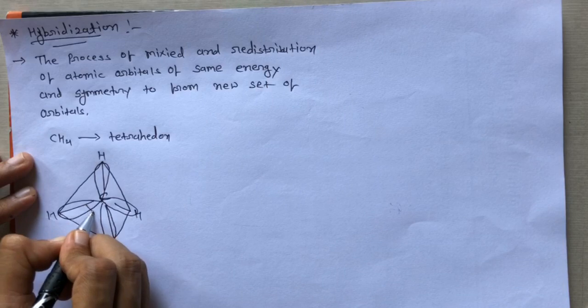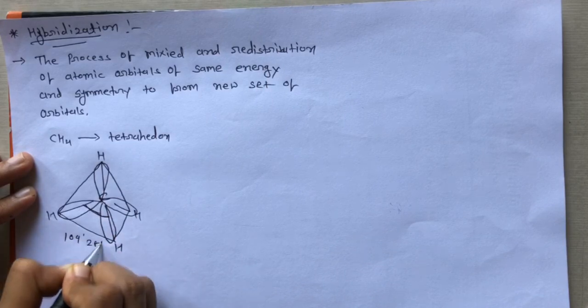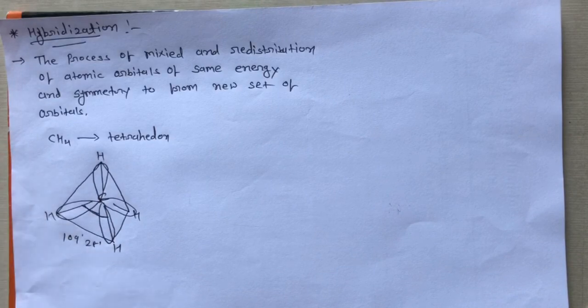So this angle, I would like to say this angle is 109 degree 28. This is the structure of methane.